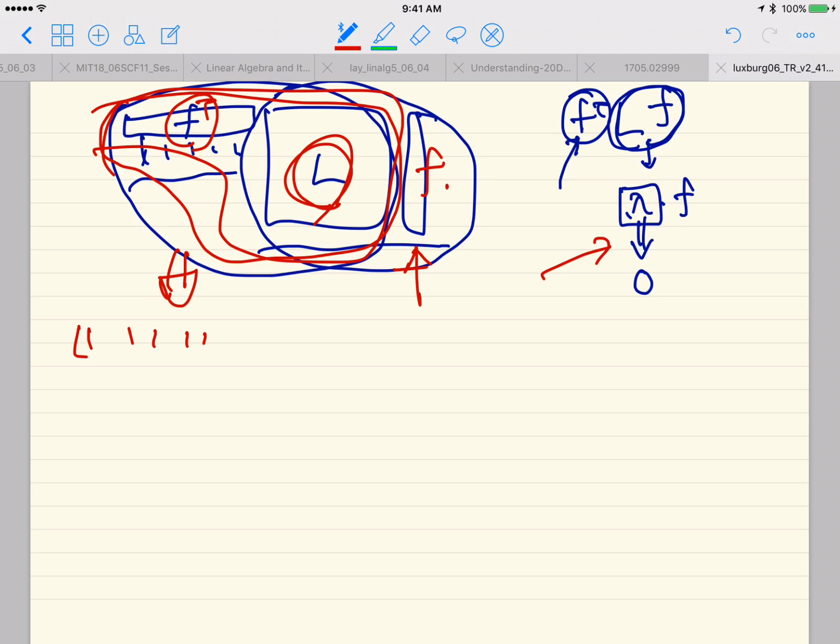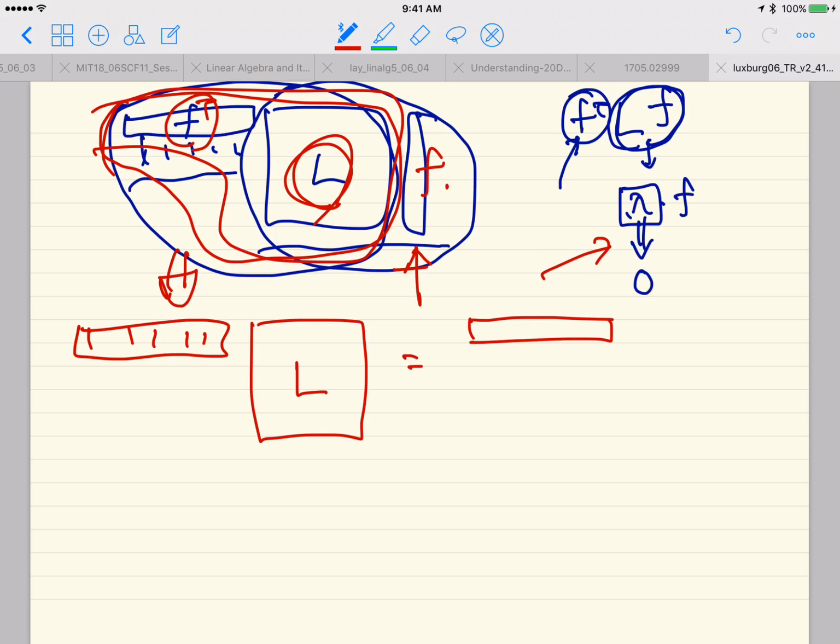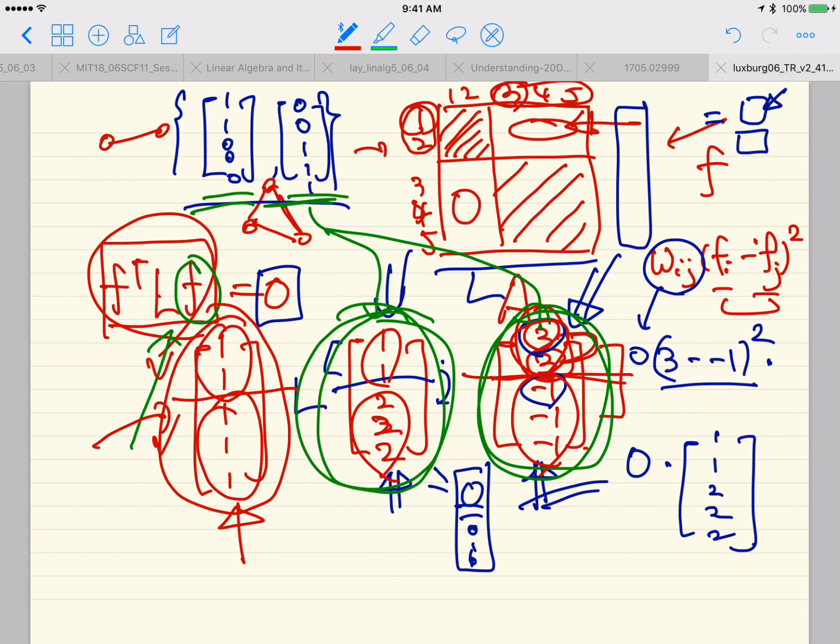If we have all ones and then we have matrix L, the resulting vector will be a row vector. And what is the first element? The first element is the summation of the first column, which is this guy.